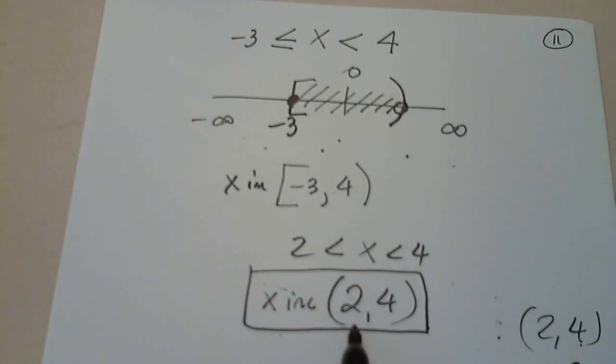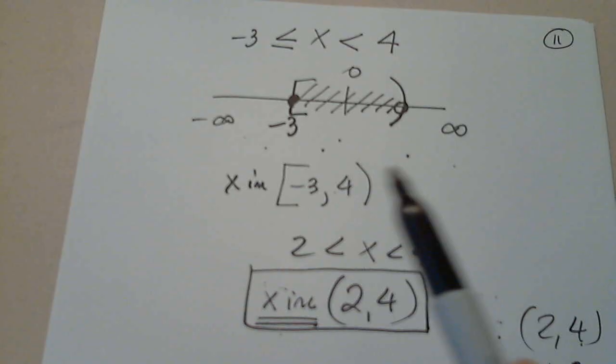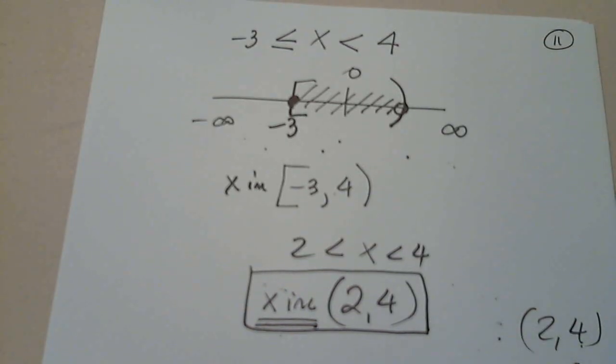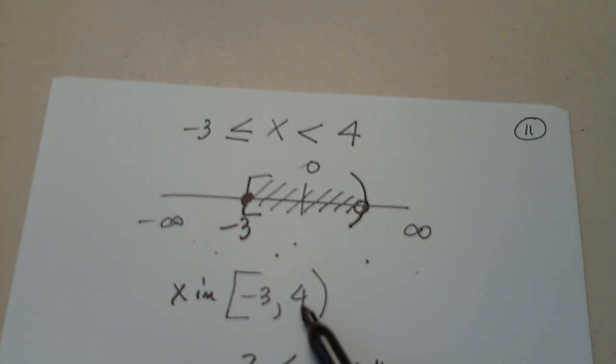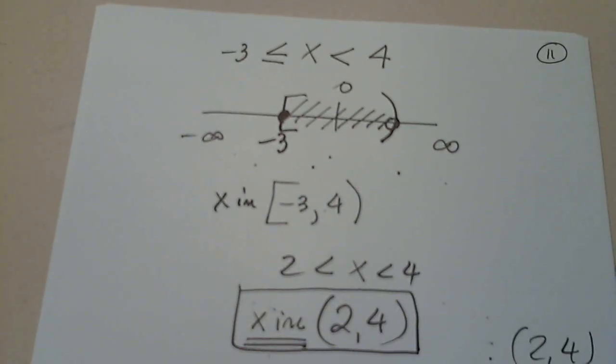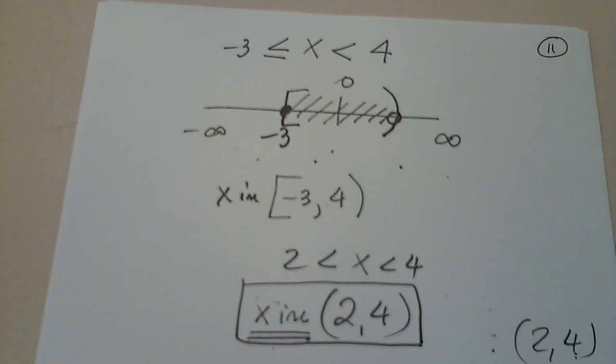But if I put this little thing in front, x is a number in the interval 2 to 4, but not 2 and not 4, this becomes very clear. For that reason, I always put x in front of the interval notation, so it's super clear that this is not an ordered pair.